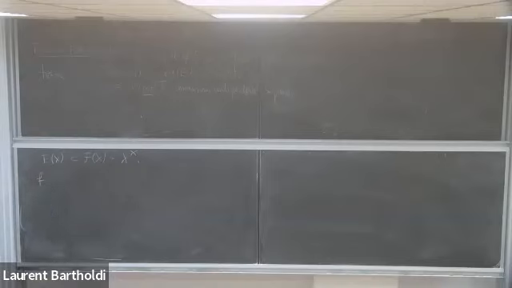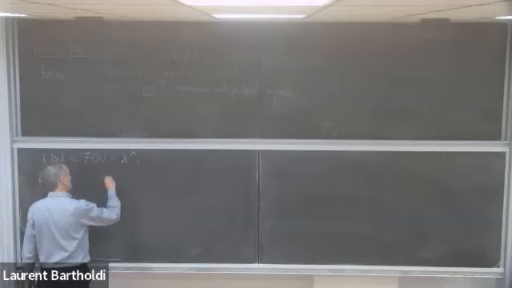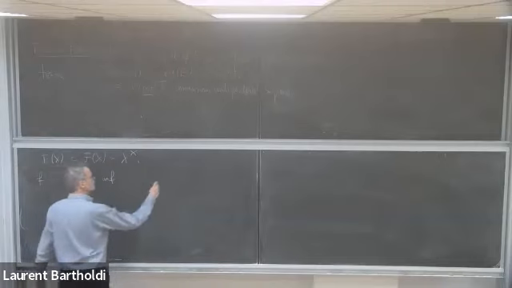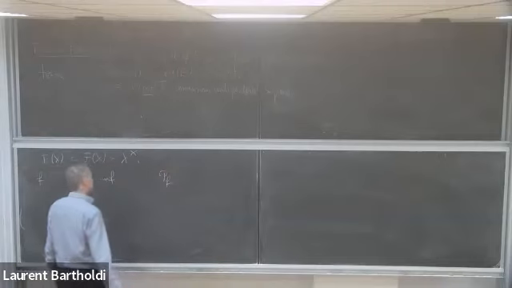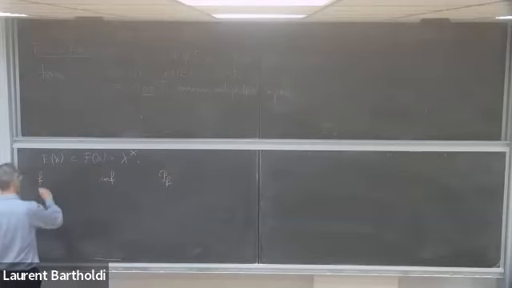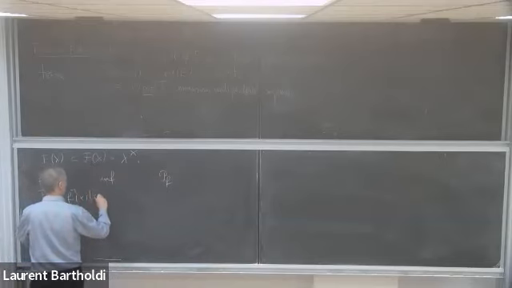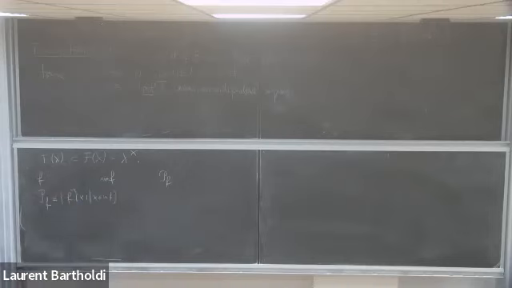I say it has an image, and it has a partition. So what is this partition? Well, it's the partition induced by F. It's given by all the preimages of points in the image. So my space is partitioned by F. It's an equivalence relation if you want.